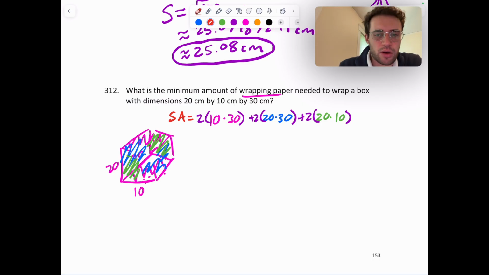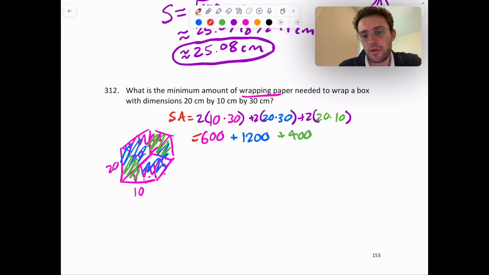And again, all of those are in centimeters, so they'll look like centimeters squared. 2 times 10 is 20. 20 times 30 gives us 600, plus 20 times 30 is 600, times 2 would be 1200, plus 20 times 10 is 200, times 2 is 400. All right, so we're getting 600 plus 1200 plus 400. 600 and 400 make 1,000.